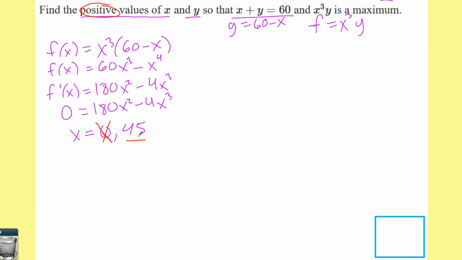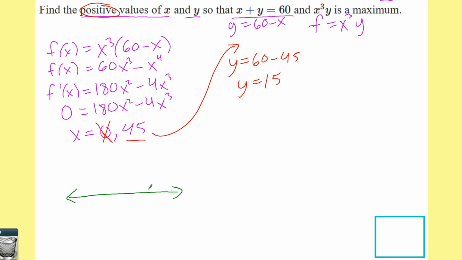So we've got x is 45. So we plug that in and we get y equals 60 minus 45. So y must equal 15. All right, and we can always double check it by plugging in your derivatives. Okay, let me get my pen color.